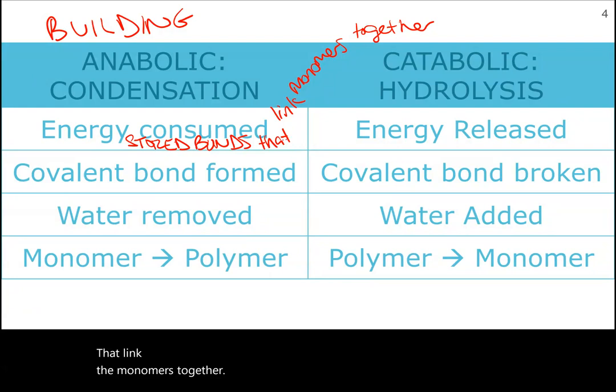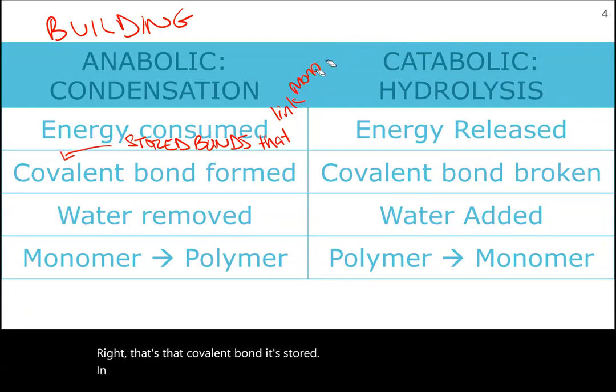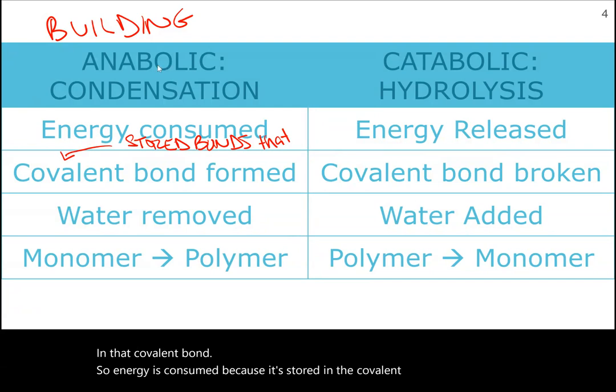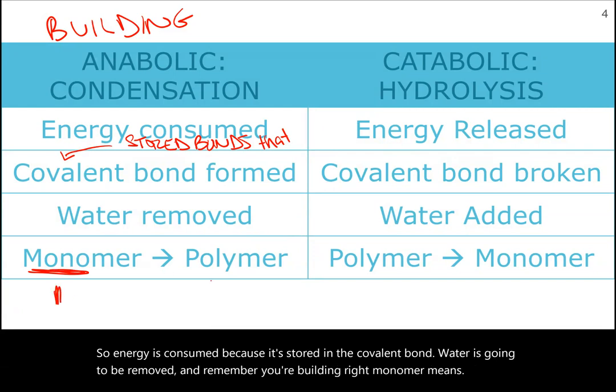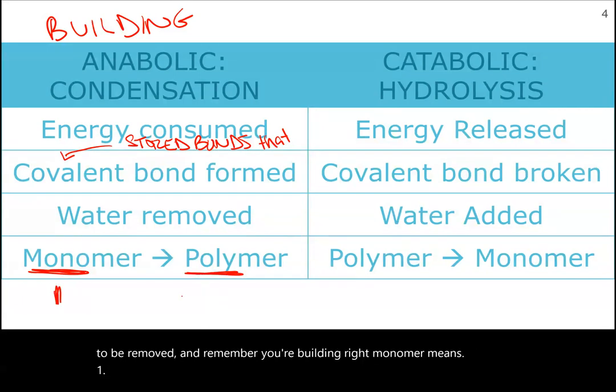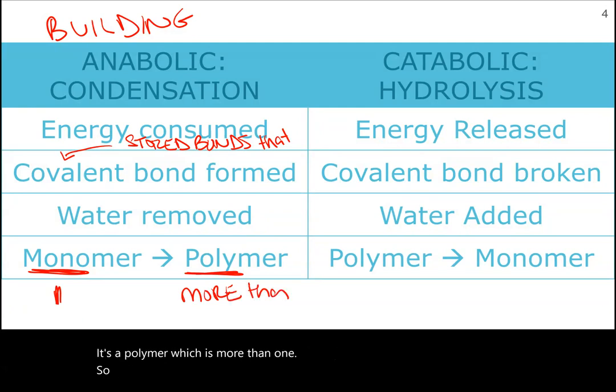Right? That's that covalent bond. So energy is consumed because it's stored in the covalent bond. Water is going to be removed. And remember, you're building, right? Monomer means one. It's a polymer, which is more than one. So you're building a bigger molecule.